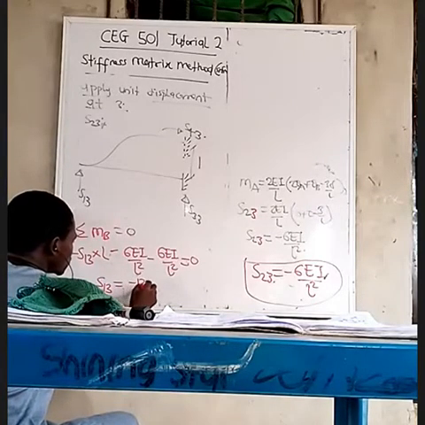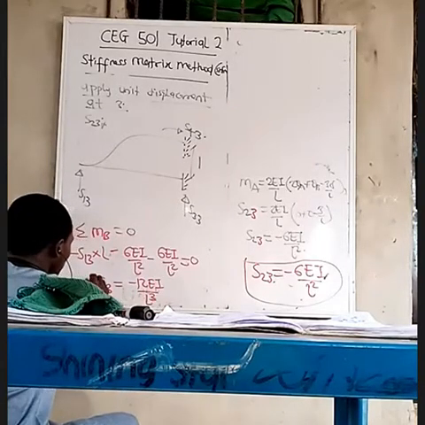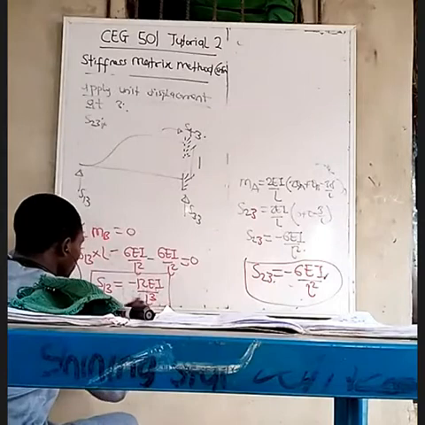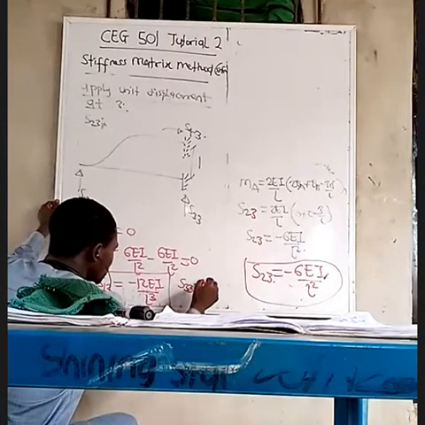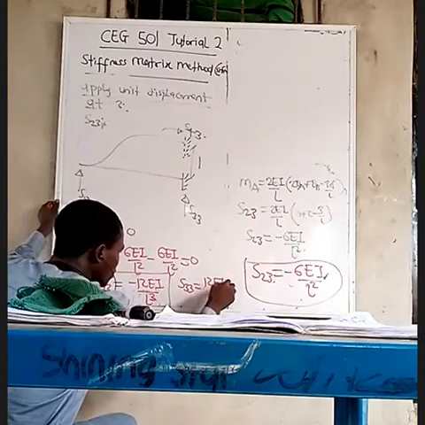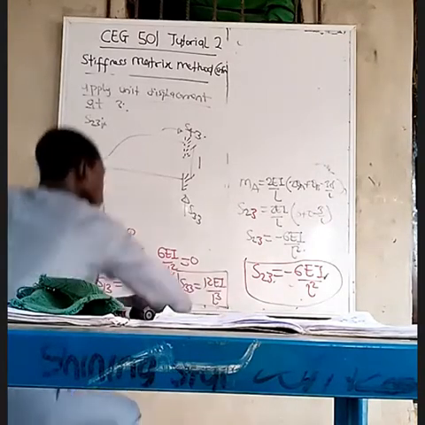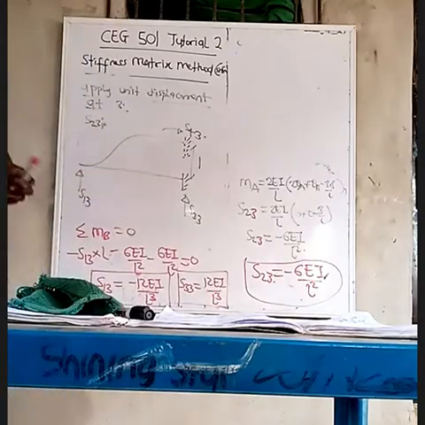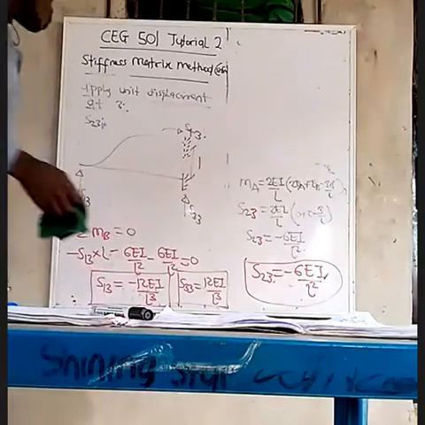So S13 will be equal to minus 12EI over L cubed. This is S13, and you can tell what S33 is going to be immediately. S33 is 12EI over L cubed.